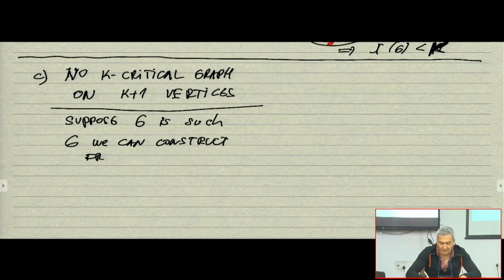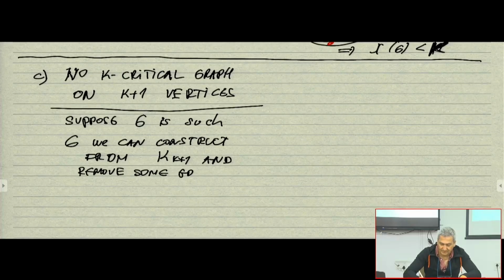Because G is on K plus 1 vertices, we can construct G from the complete graph on K plus 1 vertices. This is the number of vertices G has, and we remove some edges. So maybe I draw it here.